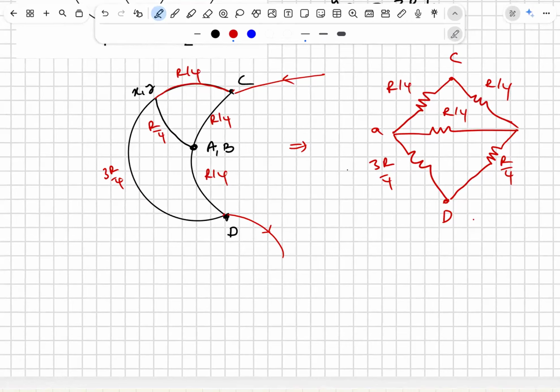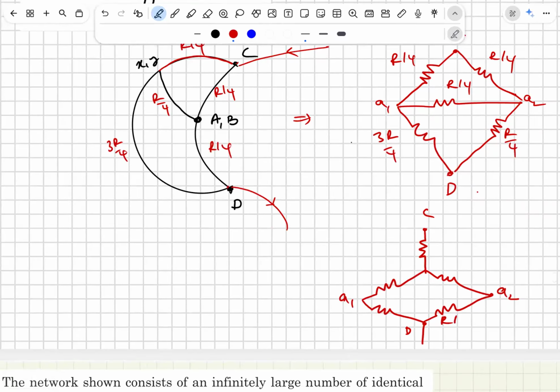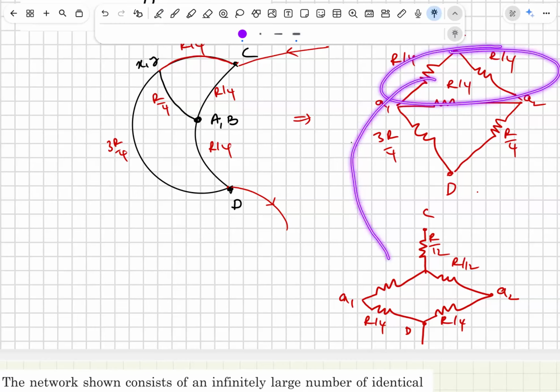A1, A2, so C. A1, A2, D, R/4. Now I have to apply the delta to star formula. R/12. So I have used delta to star.